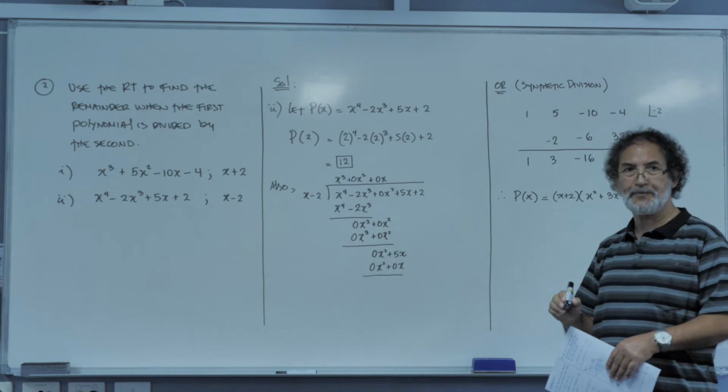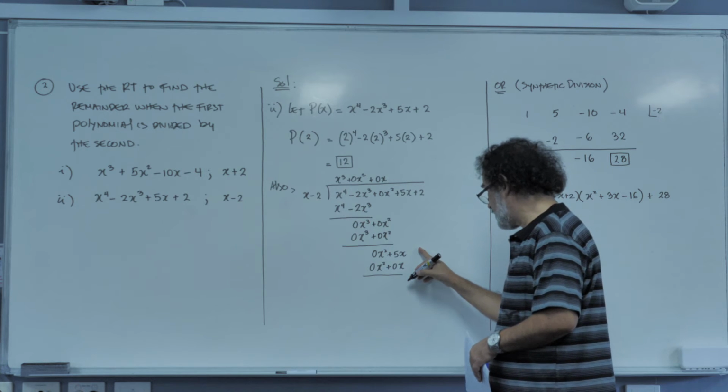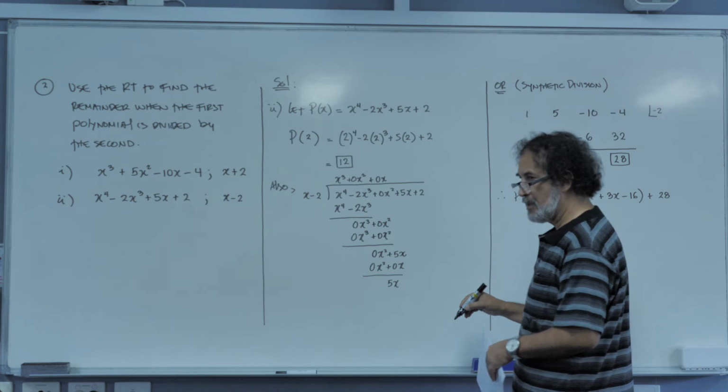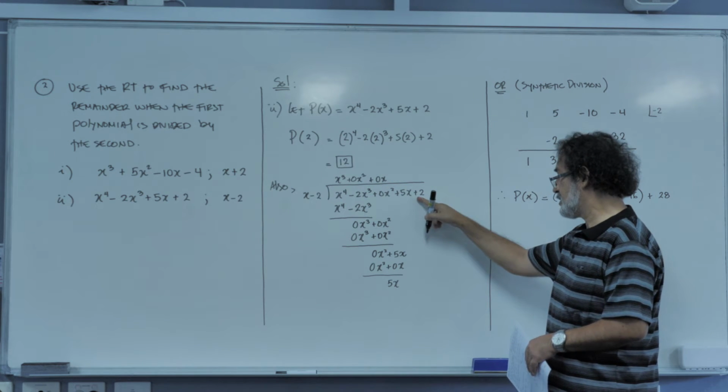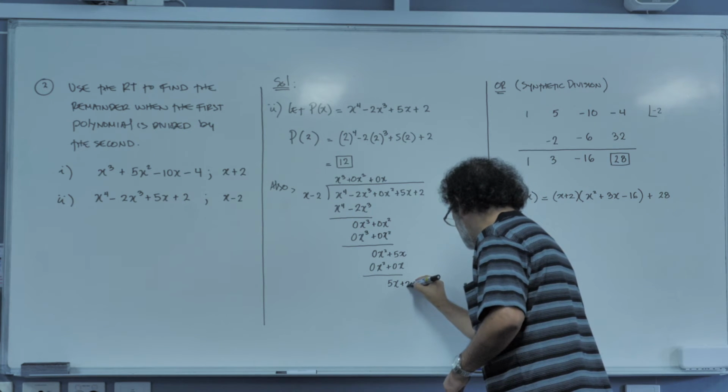All right? Okay, and then we're going to do the subtraction. So we're going to have 5x in here. And then we're going to bring the next term, the constant term down. So it's going to be plus 2.